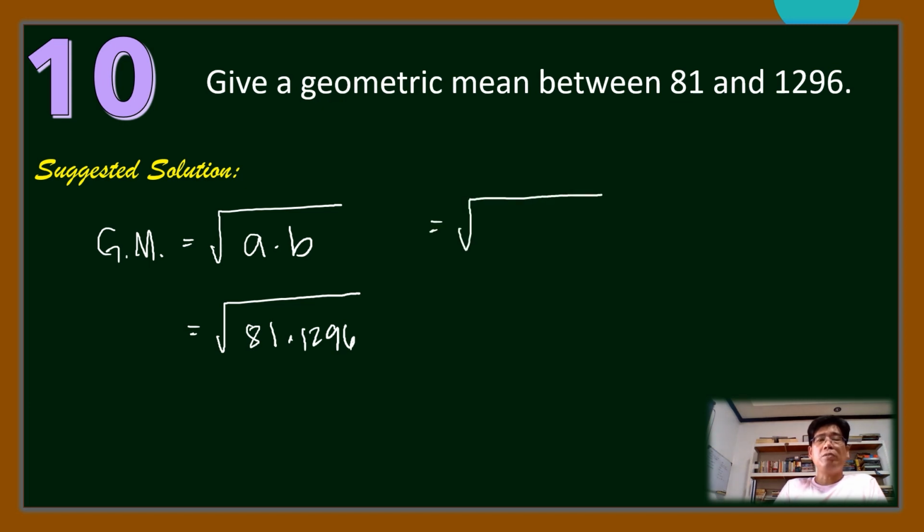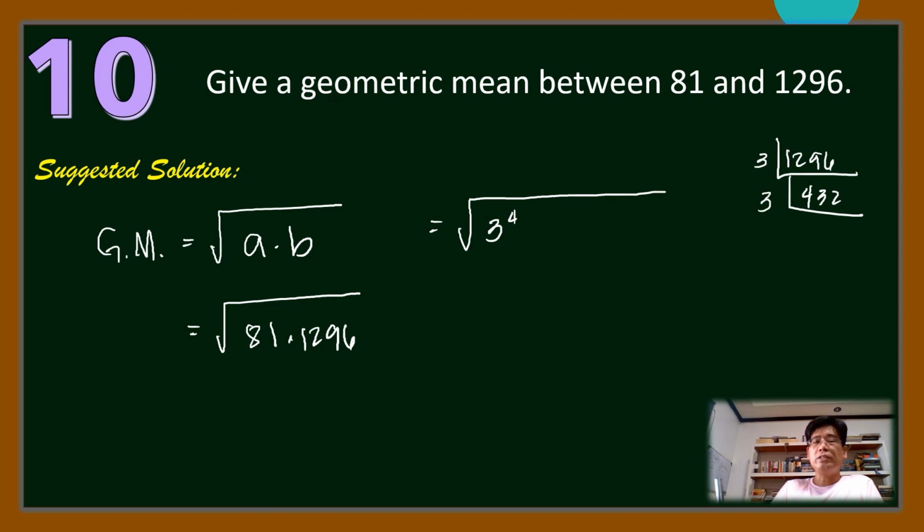The square root of 81 times 1296 can be written as 3 raised to the fourth power times 1296. Let us try to get the prime factorization of 1296. Divided by 3, this is 432.